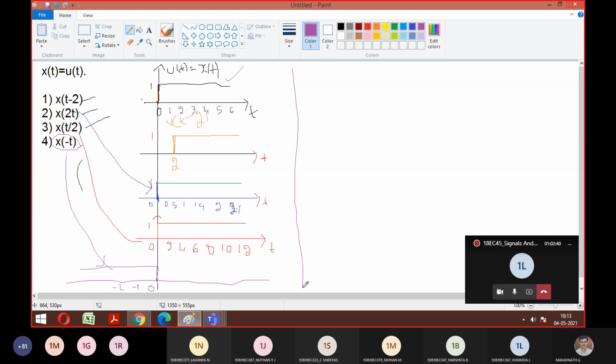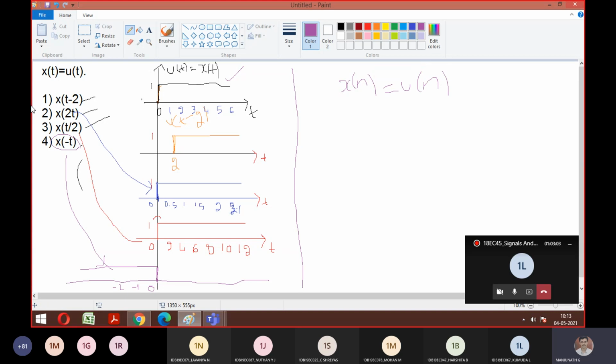Now, same question, I want you to replicate using your unit step function with respect to discrete. So you have to consider the concept that x of n is equal to u of n and repeat the same for all.